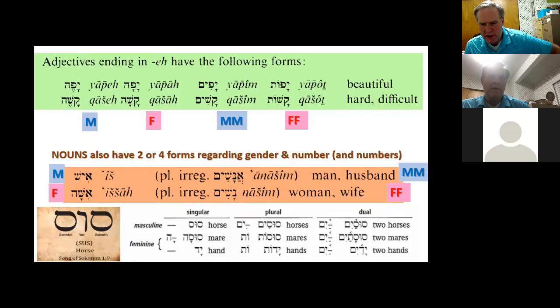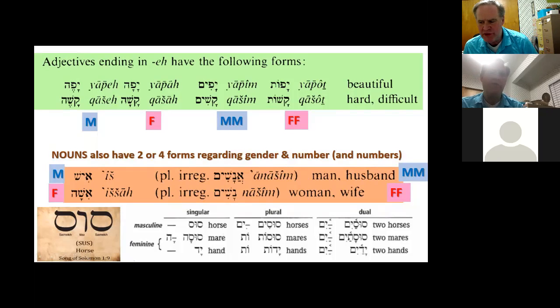We read the samekh with the hirik yod, and then the mem. So S U S. There's the I and the M. So susim. Okay, and this would be susot. A bunch of mares, a bunch of female horses. So sus, susa, susim, susot.